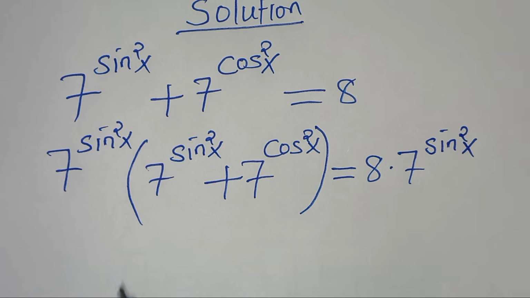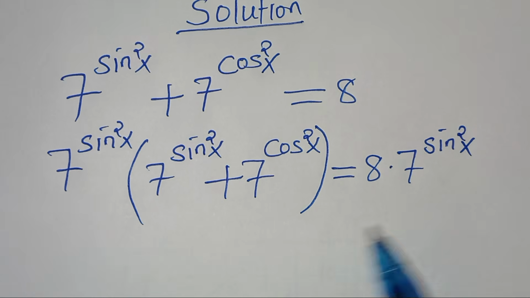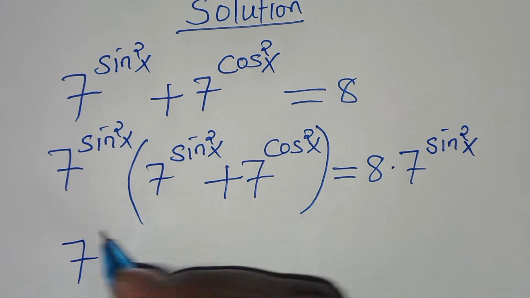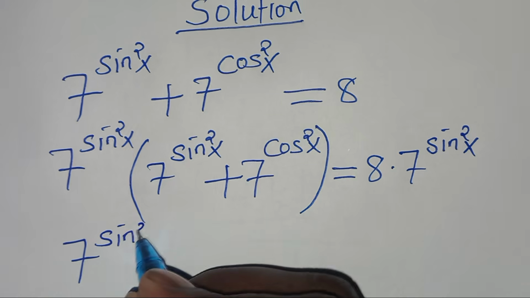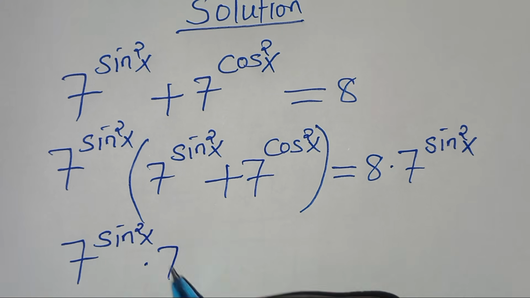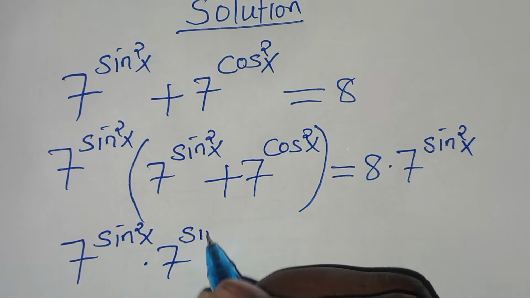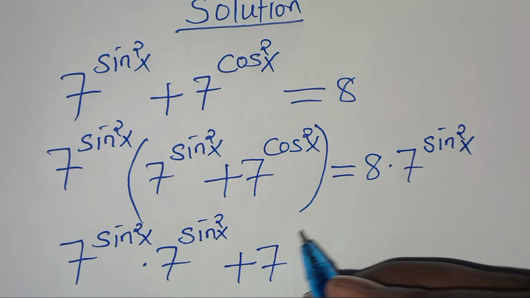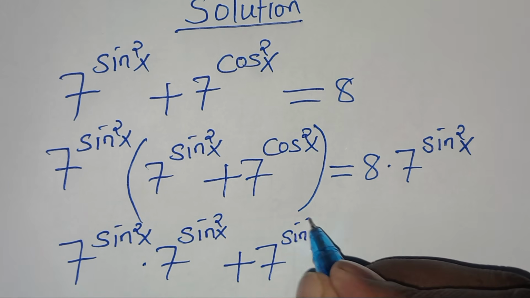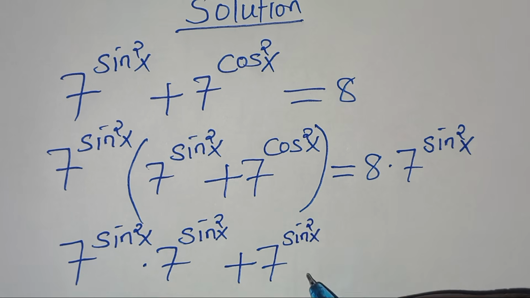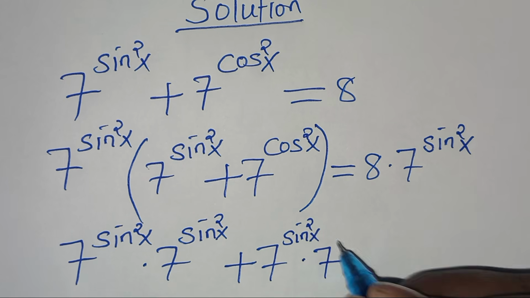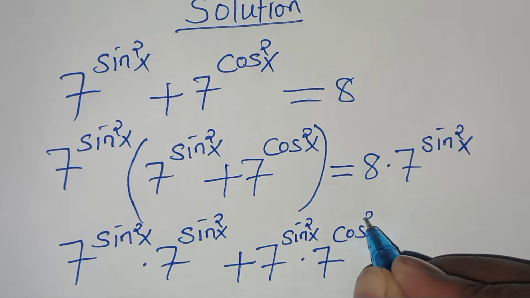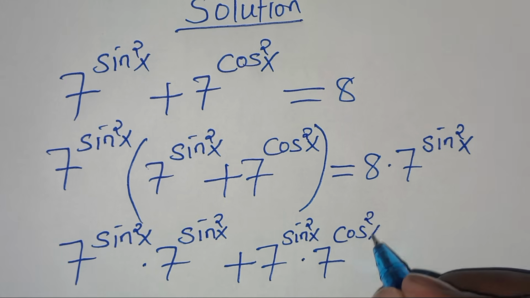Now, let's open the parentheses here. So we have 7 raised to the power of sine squared x times 7 raised to the power of sine squared x, then plus 7 raised to the power of sine squared x multiplied by 7 raised to the power of cos squared x.